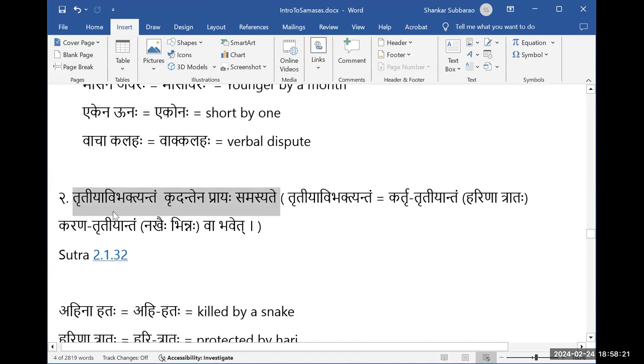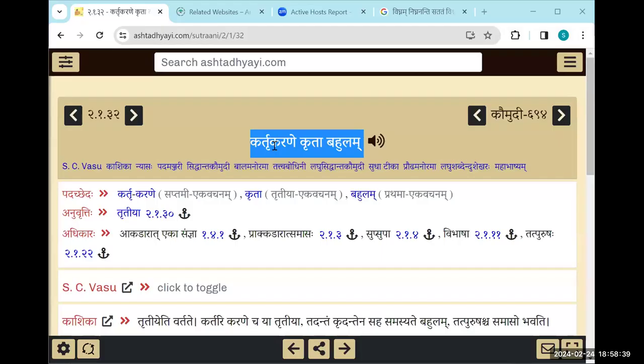Okay. Tritiya Vibhaktyantam. What does it mean? A word ending in third case will generally combine with a word with a Kridanta. All right. Now, as against that, what did we see in the sutra itself? Kartrikarane Krita Bahulam. What extra value do you see? It's not just third case now.